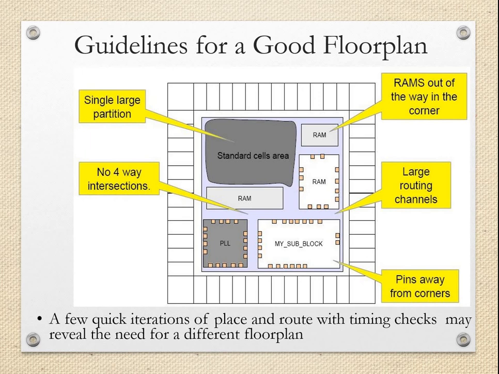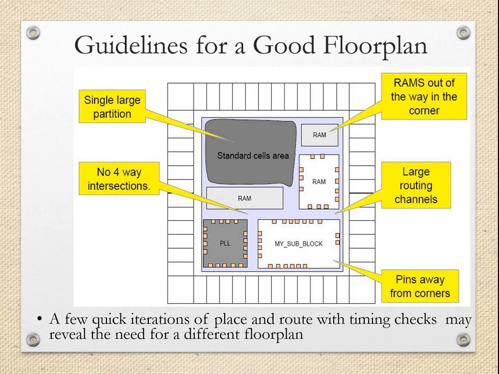While preparing the floor plan, some guidelines should be followed so that minimum iterations will be required to achieve satisfaction. Single large partition, then no four-way intersections, ramps out of the way in the corner, large routing channels, and the pins always away from corners.